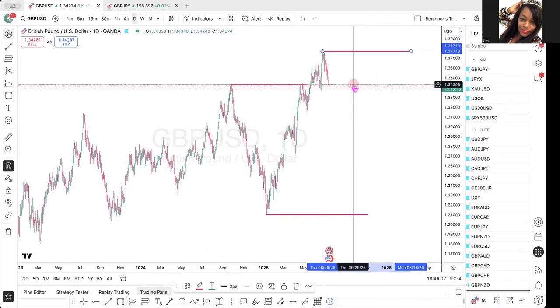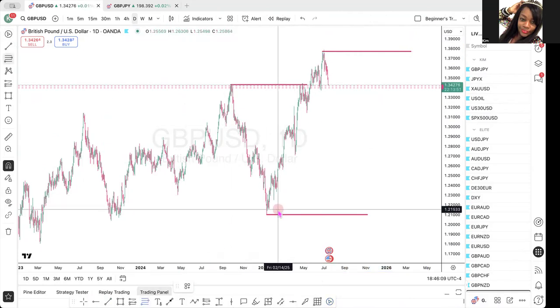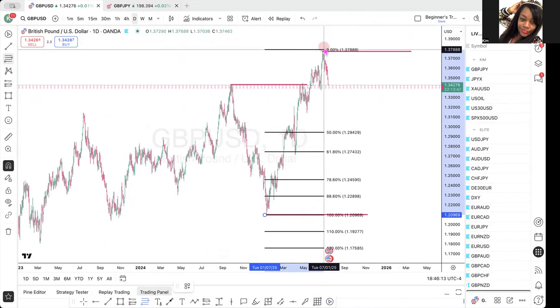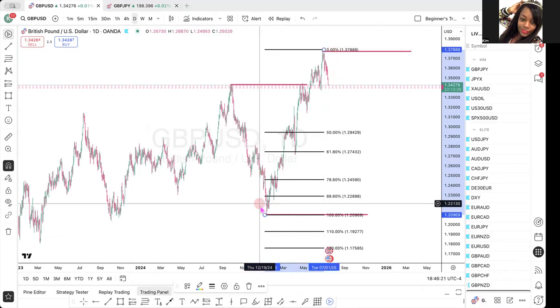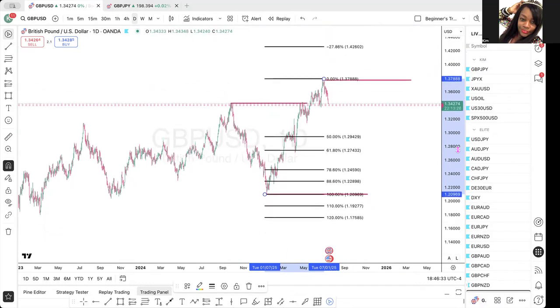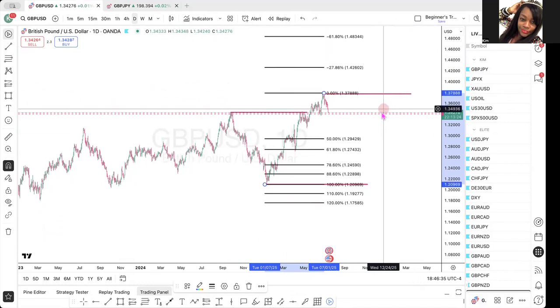Now, when you're fibbing a bullish swing, you want to fib from the swing low, wick to wick, to the swing high. So you fib from the wick of this low to the wick of your swing high. Okay, that is a daily move.